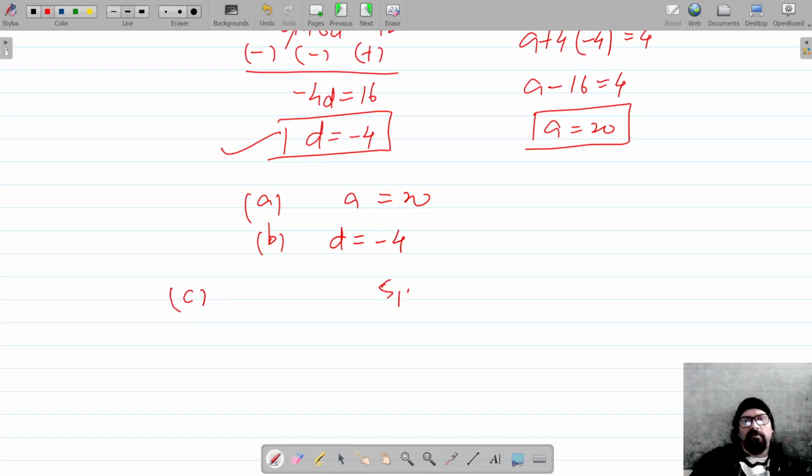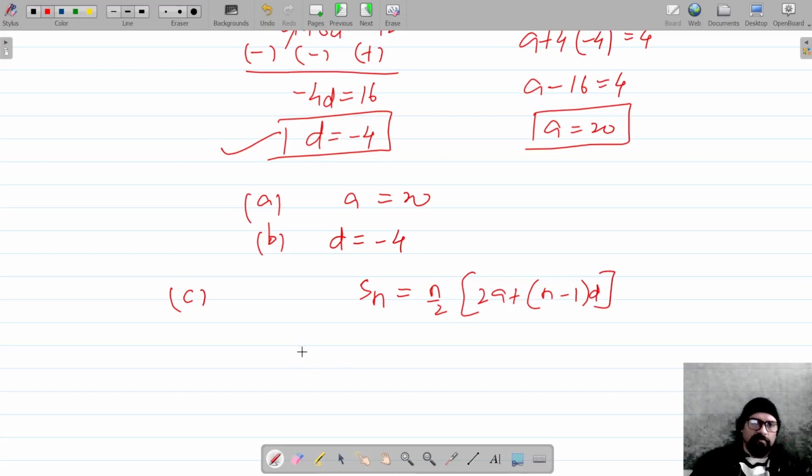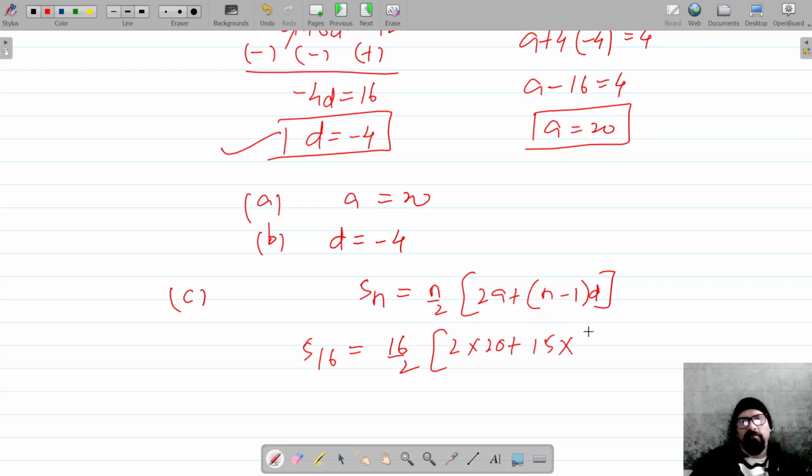So the sum of 16 terms. We know the sum of n terms is given by the formula S_n = n/2 [2a + (n minus 1) d]. So the sum of 16 terms is 16 by 2 into (2 into 20 plus (16 minus 1), which is 15, into d, which is negative 4).